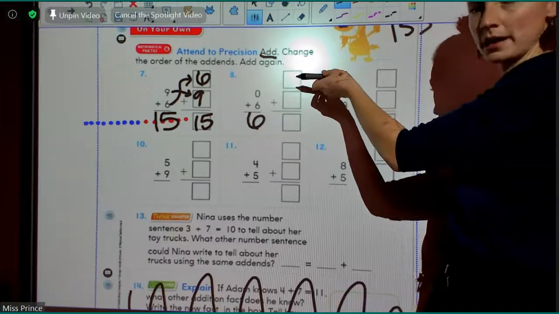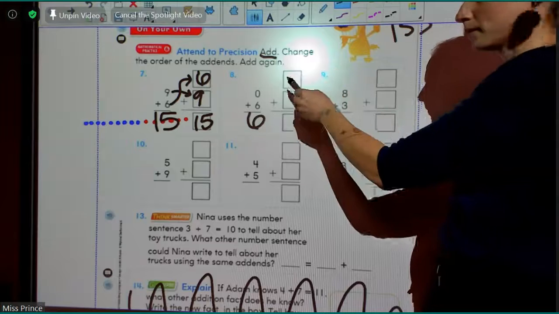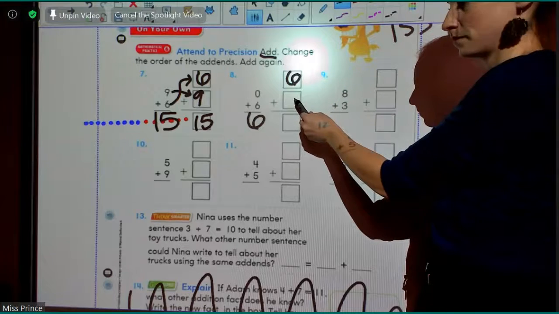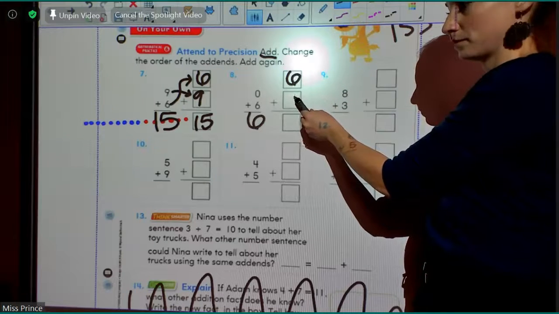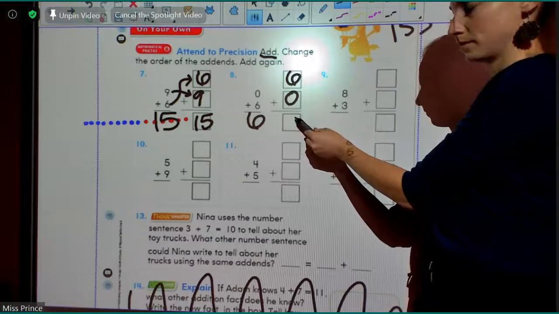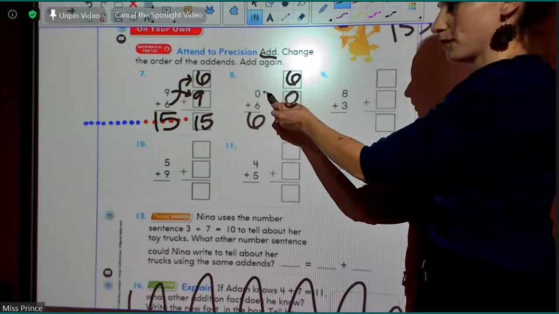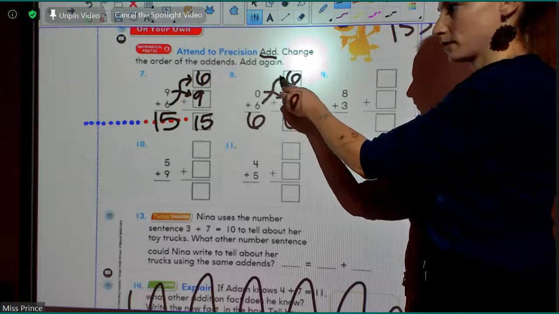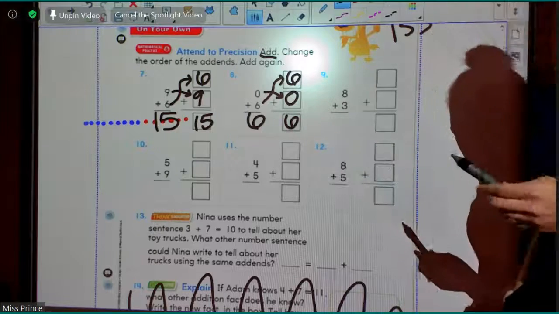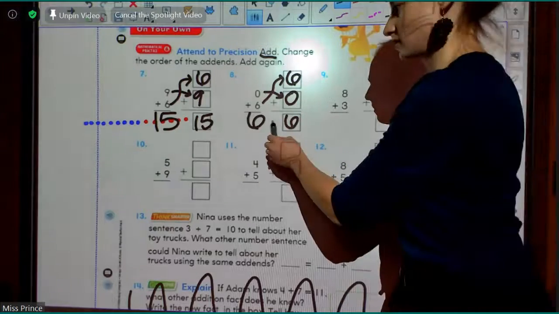Remember, we're flip-flopping it. 6 plus 0 equals 6. Good job. I'm going to show the flip-flop. See the flip-flop here? That's just changing the order. We still get a 6.